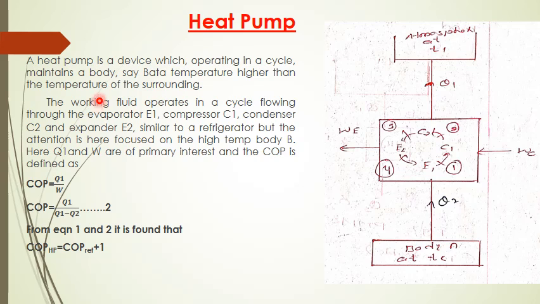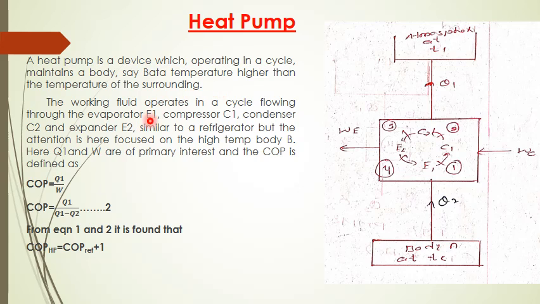Here we need to maintain the temperature of a considered body higher than the surrounding, so we need to add, or pump, heat here. That is why it is a heat pump. A refrigerator removes heat, so the reverse of a refrigerator is a heat pump.